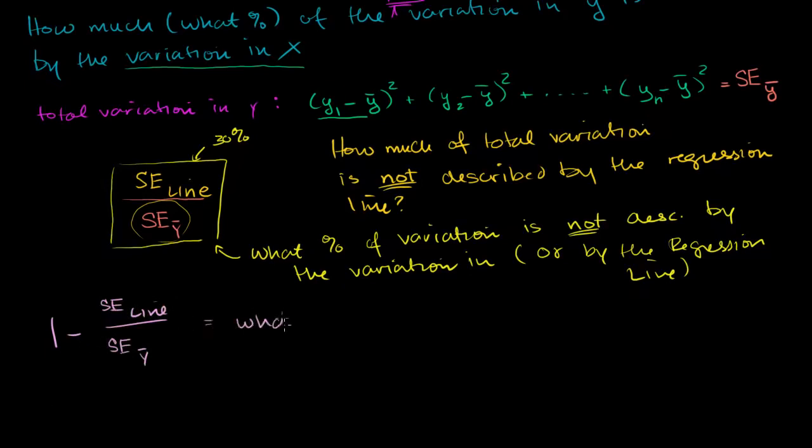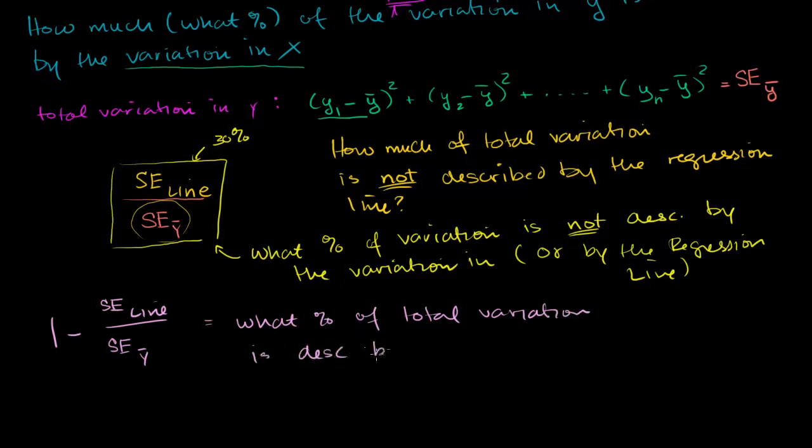This actually tells us what percentage of total variation is described by the line. You can either view it as described by the line or by the variation in x.